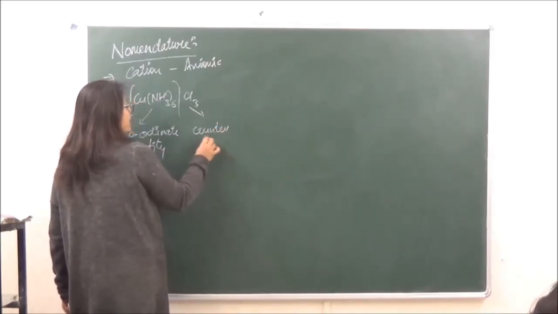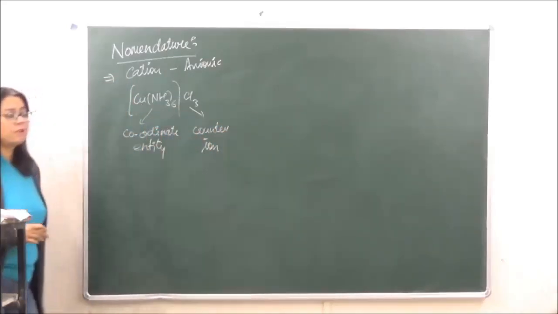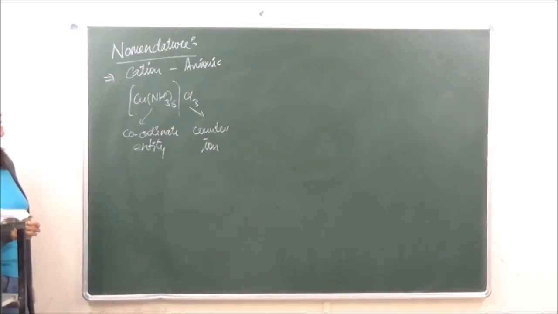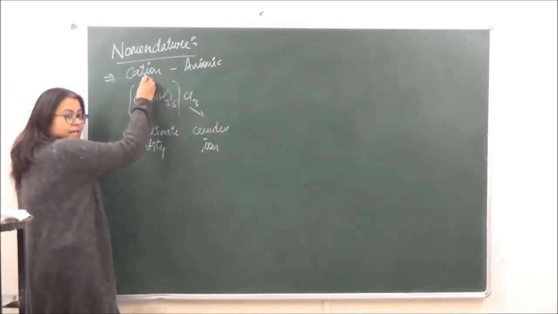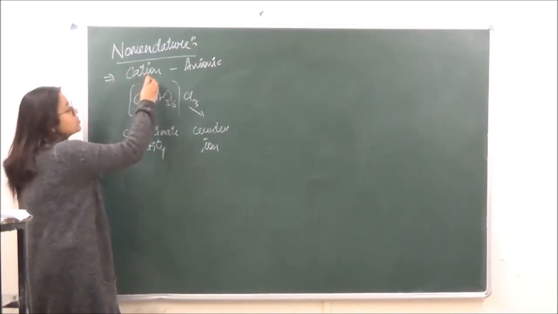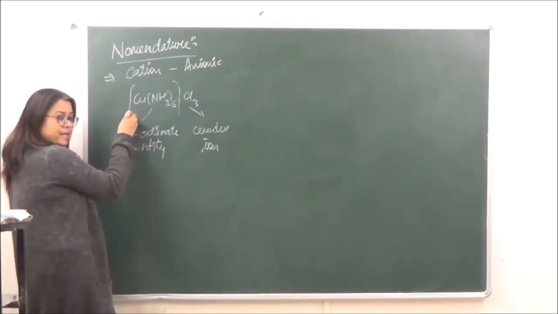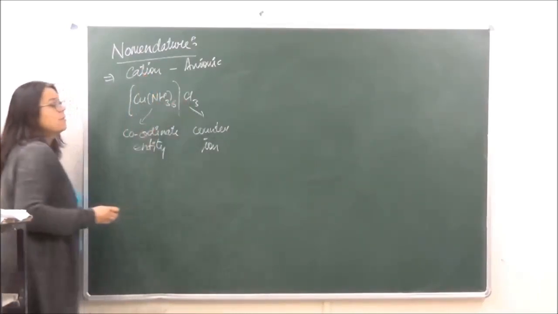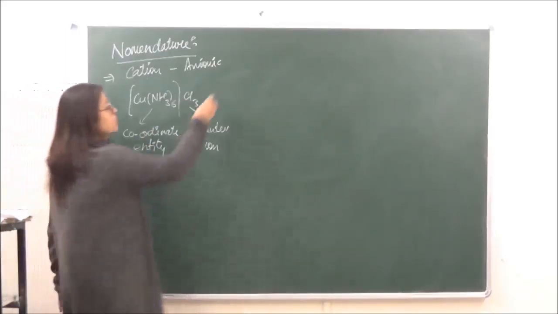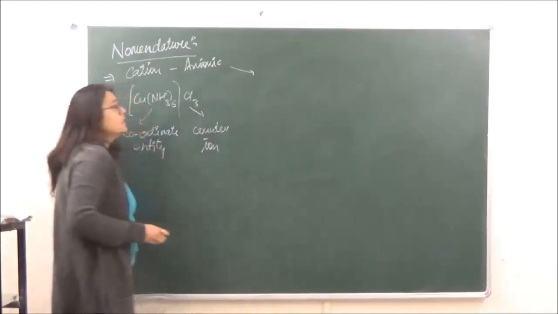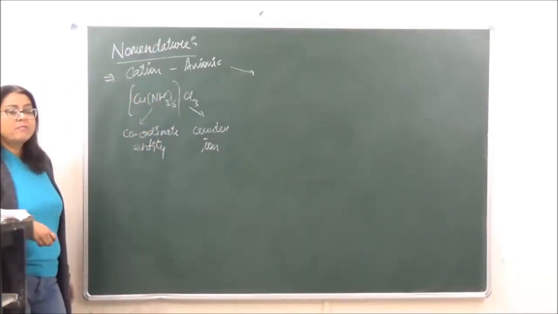So if the coordinate entity is written first, it means that the coordinate entity is going to be cationic in nature. So you will first name the coordinate entity, then you will name the counter ion. In an anionic species, what will happen? The counter ion will be written first.